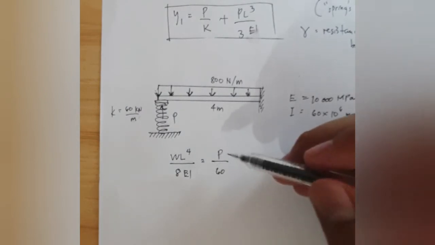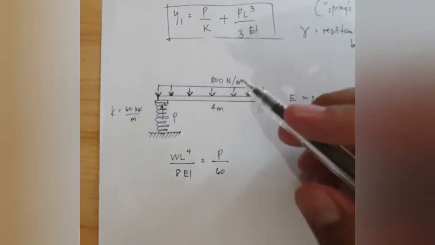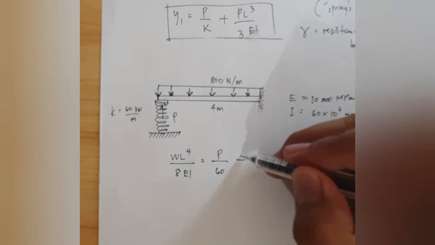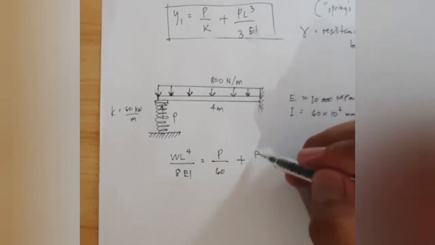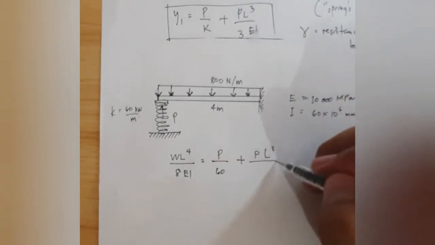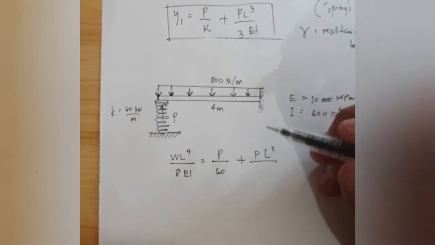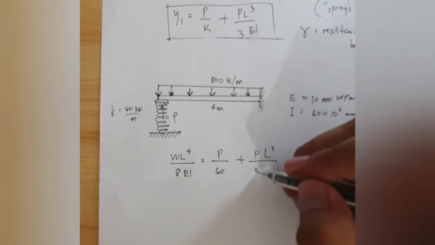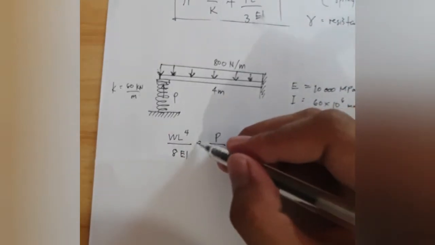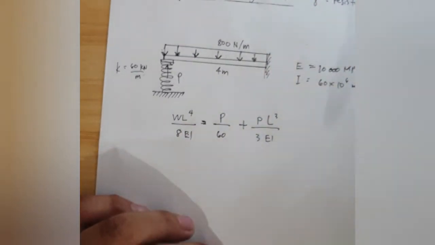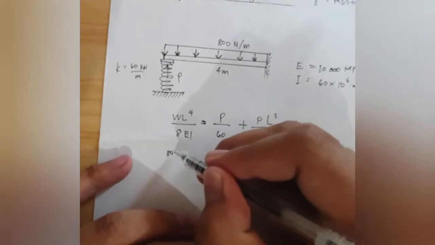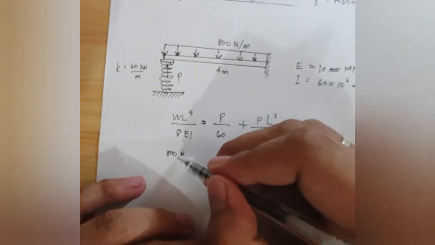Now we will equate them, keeping the units consistent. Plus here PL cube over 3EI. Okay, so that is the general formula we can use. We have W equal to 800 newton per meter.